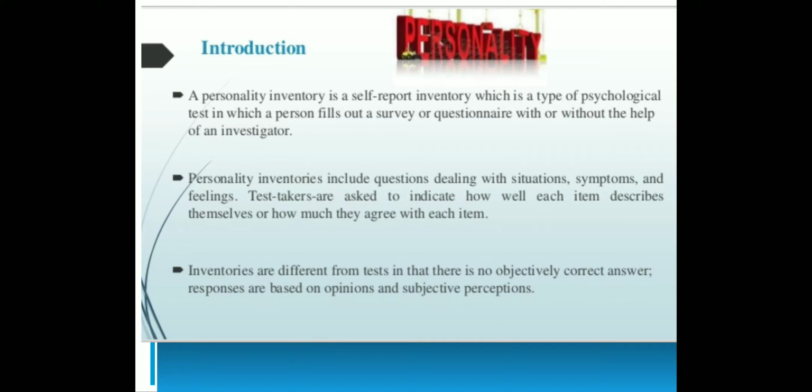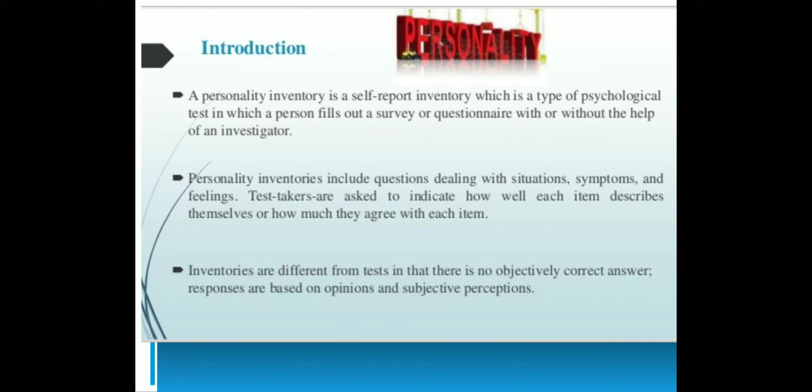Test takers are asked to indicate how they feel about each item, and they have to describe themselves and how much they agree. Sometimes it is a kind of scale where you say, I agree, I strongly agree, I disagree, I strongly disagree.